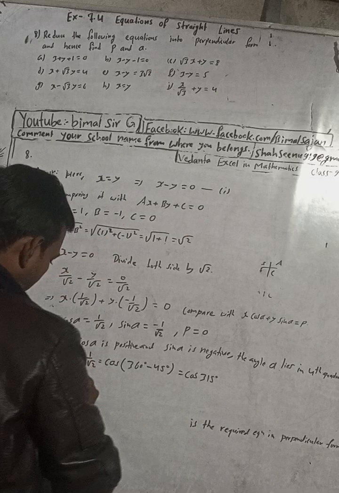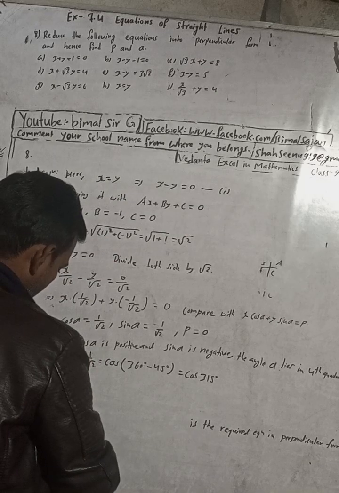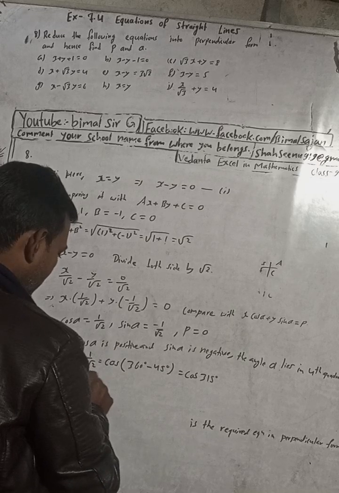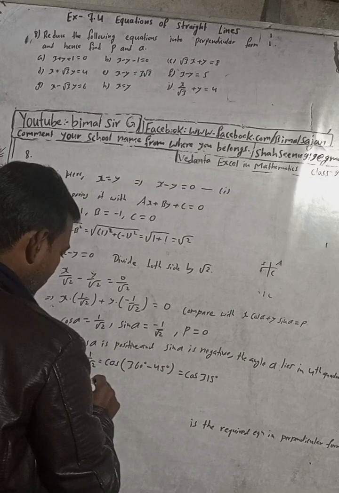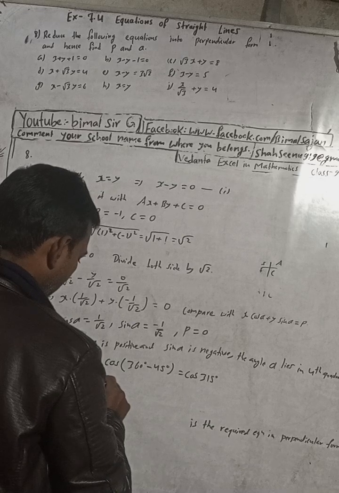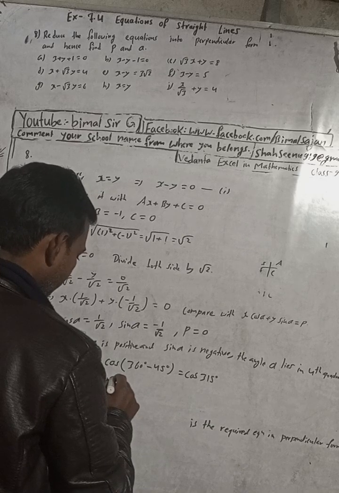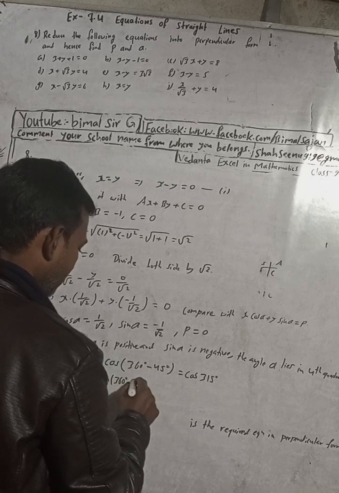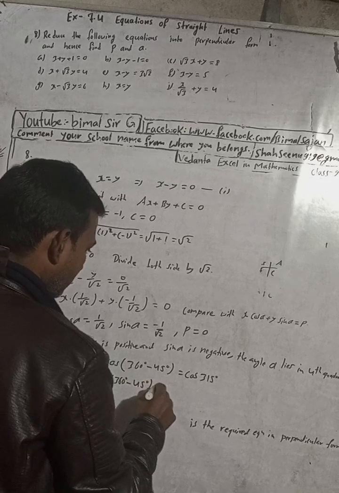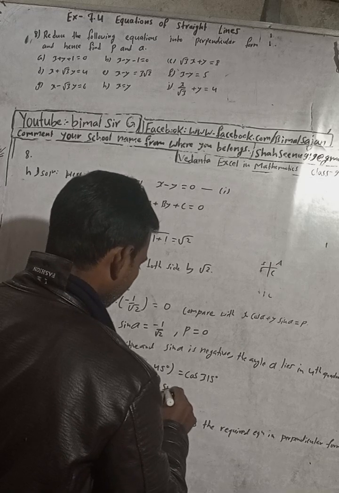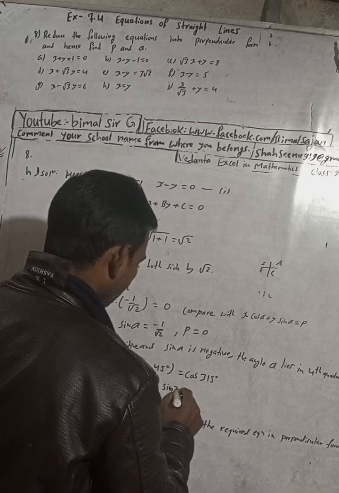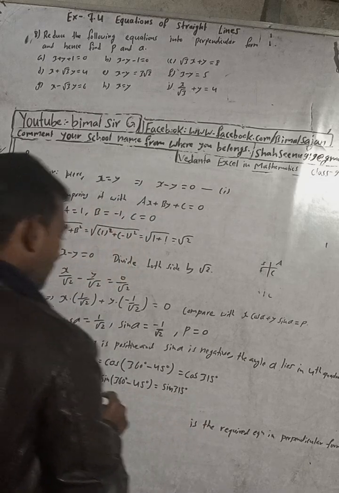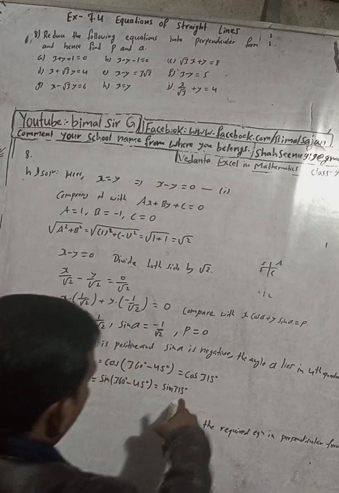And sin alpha is equal to minus 1 by root 2, which is sin of 360 degree minus 45 degree, written as sin 315 degree. So we got the cos alpha and sin alpha values.